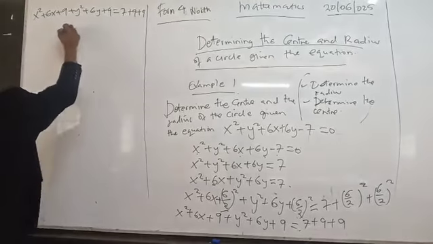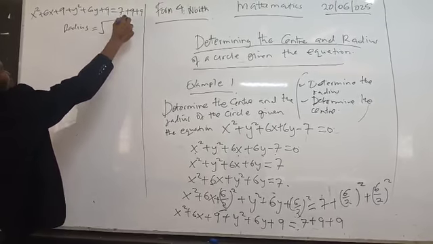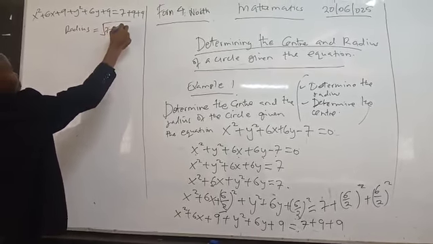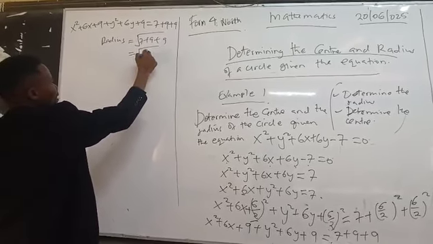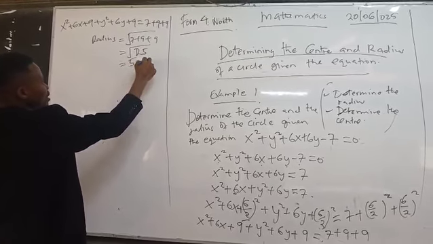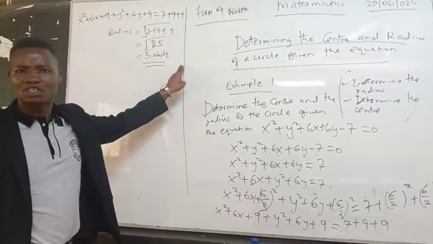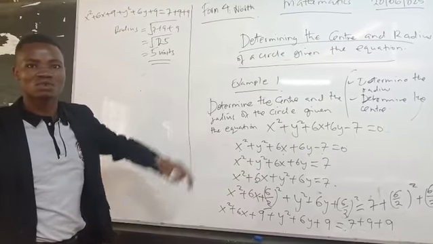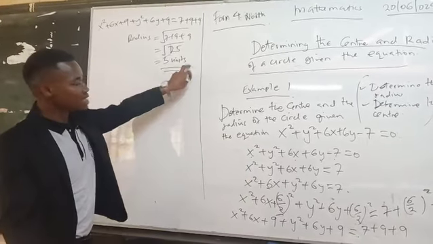So radius is equal to the square root of 7 plus 9 plus 9, which is the same as the square root of 25. This is the same as 5 units. We must write units because we are not told the measurement. It could be in centimeters, meters, inches, whichever. But we must write units.